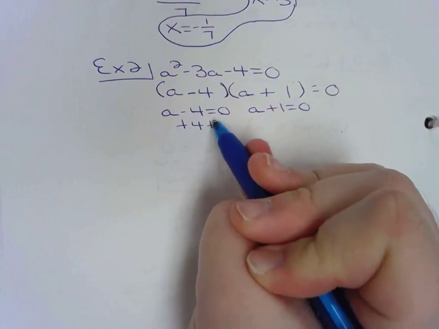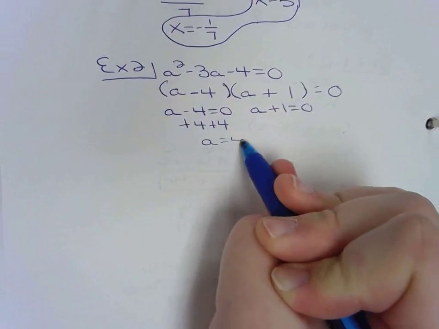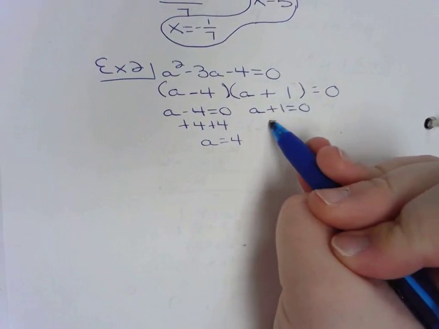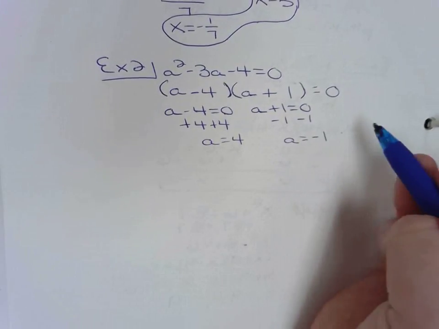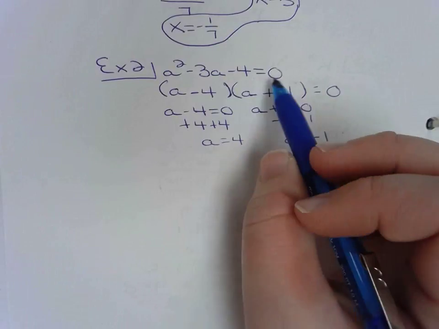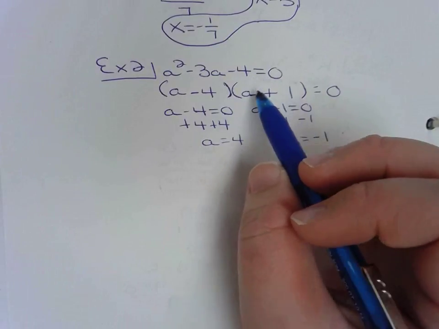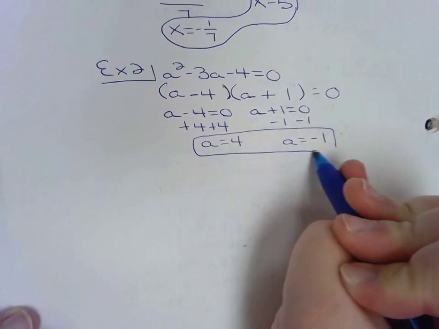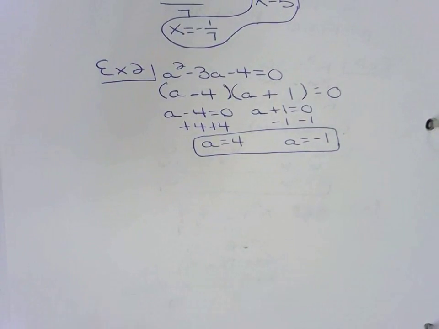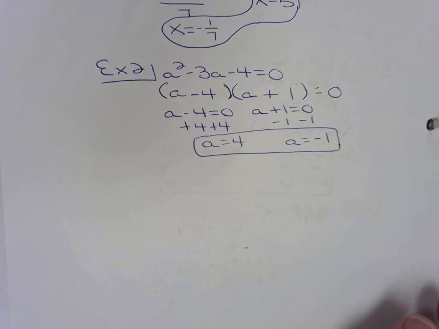Add 4, a equals 4. Minus 1, a equals negative 1. So factor it like we did last unit, and then set each part equal to 0. Okay, any questions on that one?